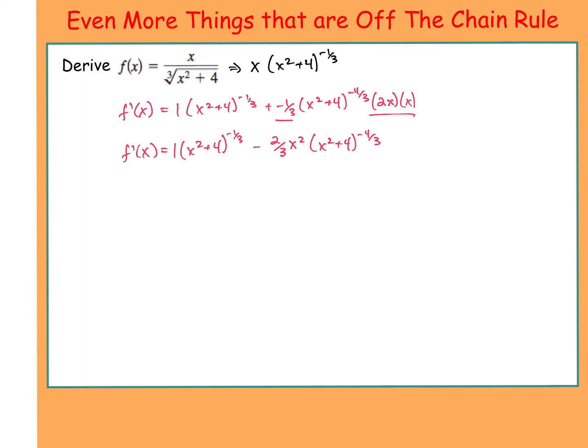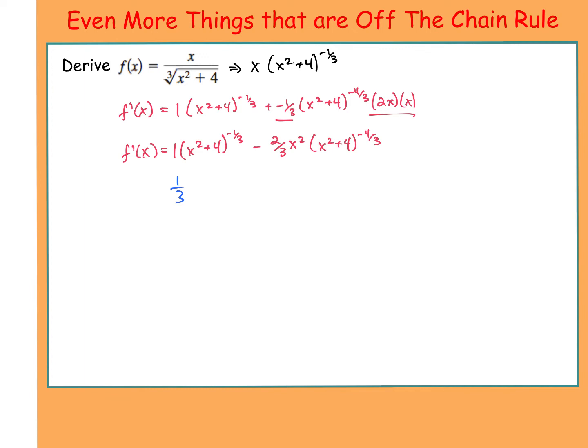And so what could I factor out? If I have a 1 and a negative 2/3 x squared, what could I factor out here? I don't want to go full 2/3 because then I still have a fraction to deal with. I'm going to factor out a 1/3 here.